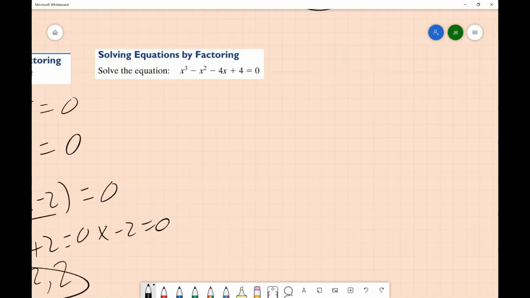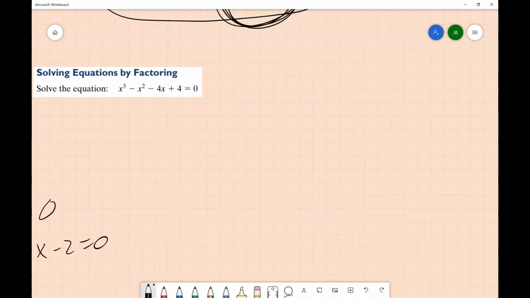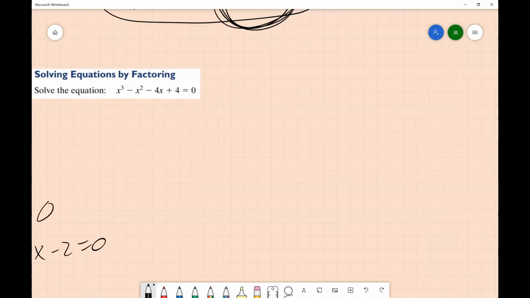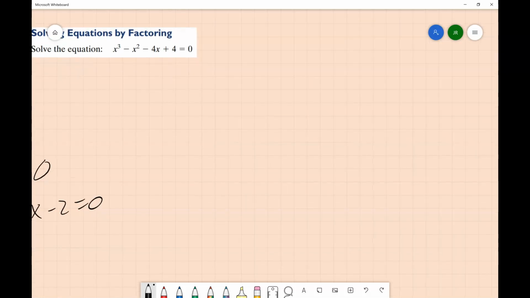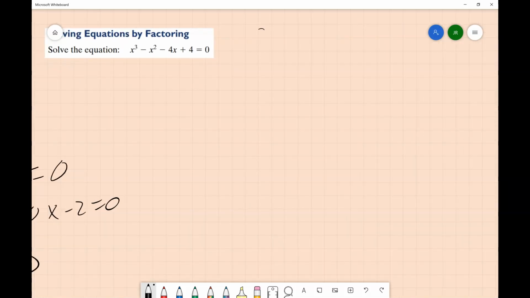All right, next example. If I'm solving a polynomial that has more than 3 terms, I'm going to do a different kind of factoring. It's called factor by grouping. What I do is I split those 4 terms up into 2 groups of 2.